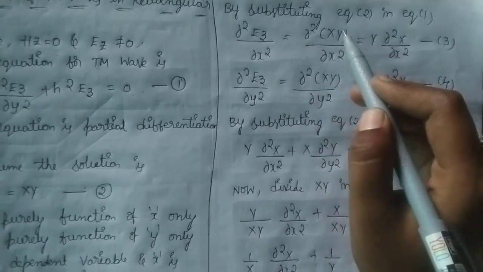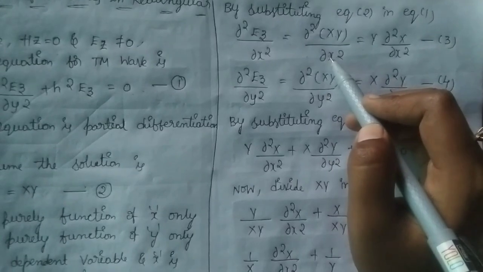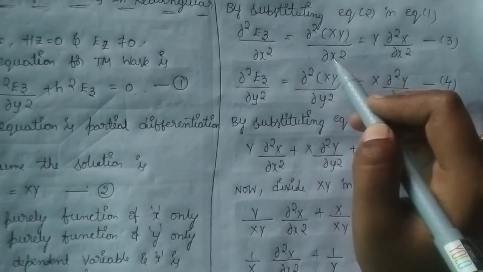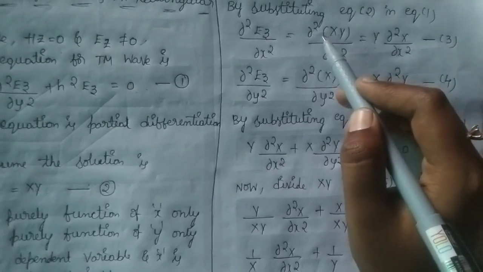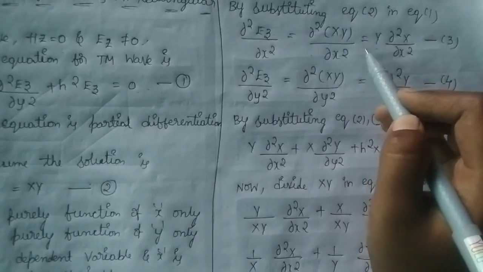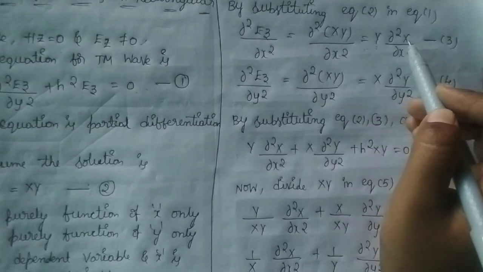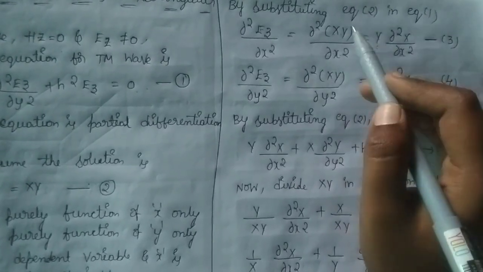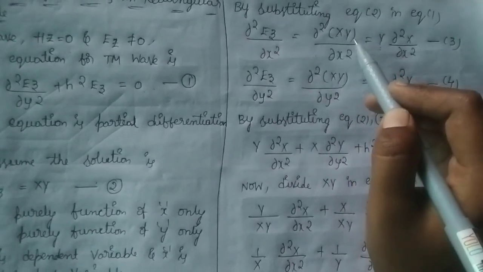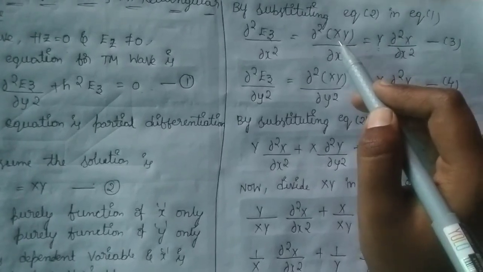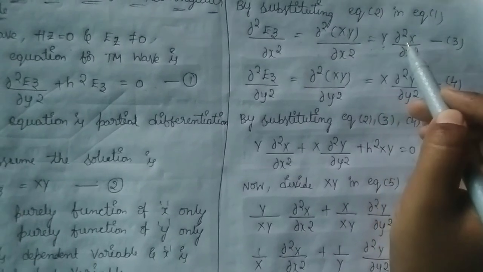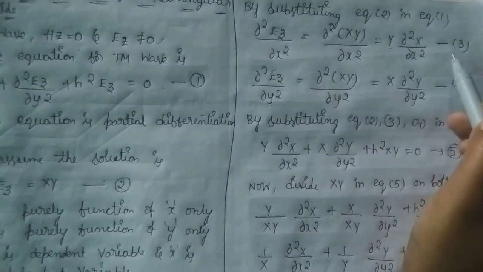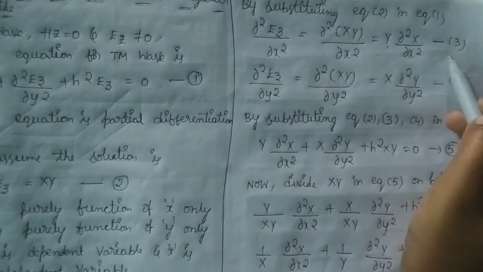Here we are differentiating with respect to x, so Y is a constant. So it is Y dou square X by dou x square. Consider this one as third equation.